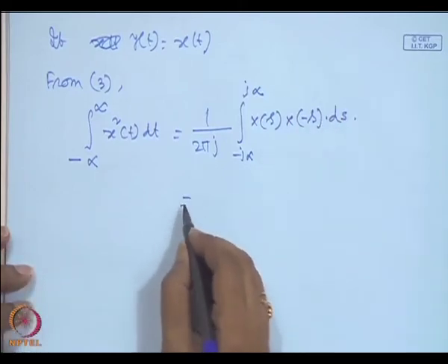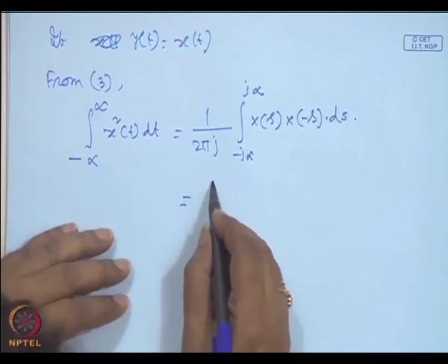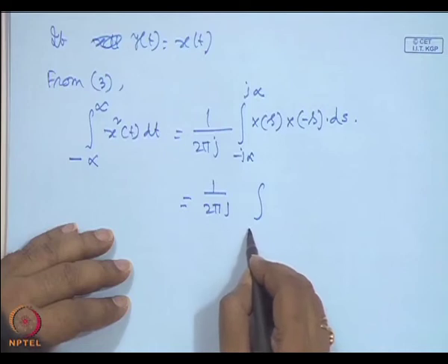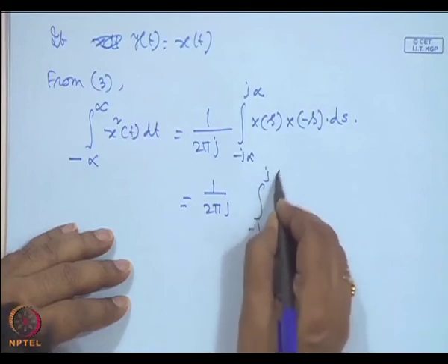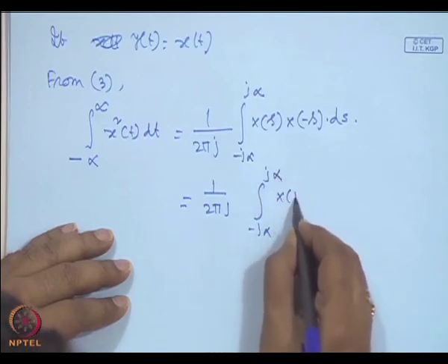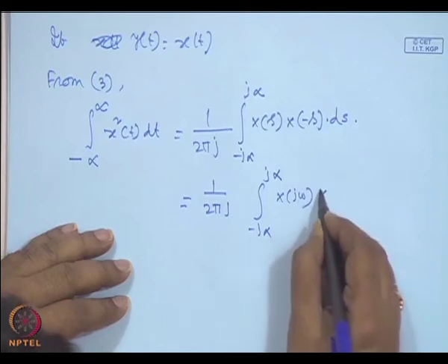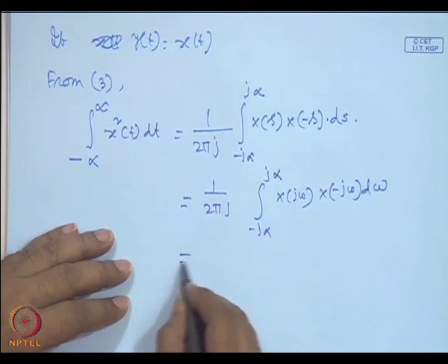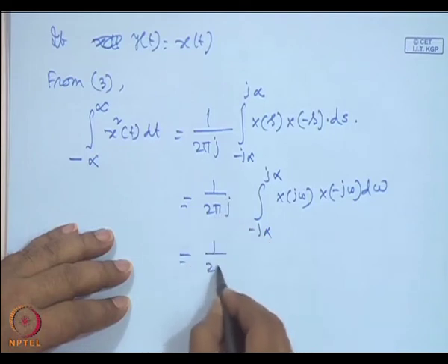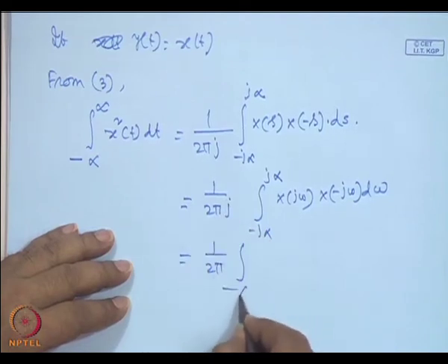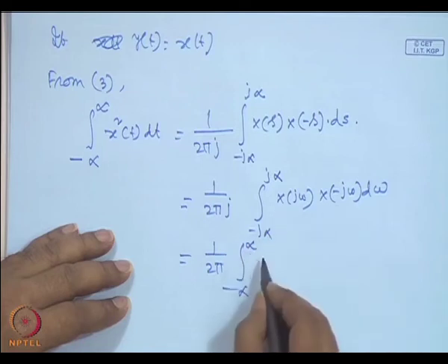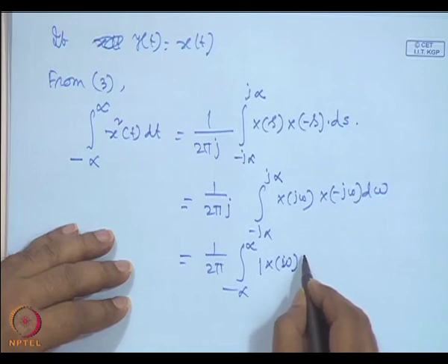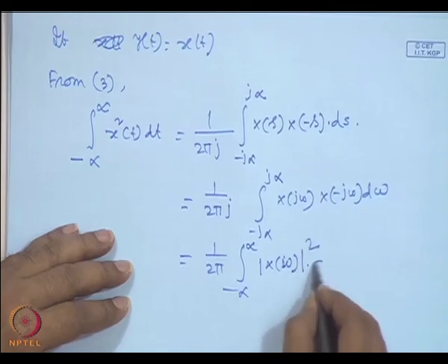Ultimately this is equal to 1 by 2 pi, integral from minus infinity to plus infinity of x of j omega times x of minus j omega d omega, which is nothing but 1 by 2 pi, integral from minus infinity to plus infinity of mod of x of j omega whole squared d omega.